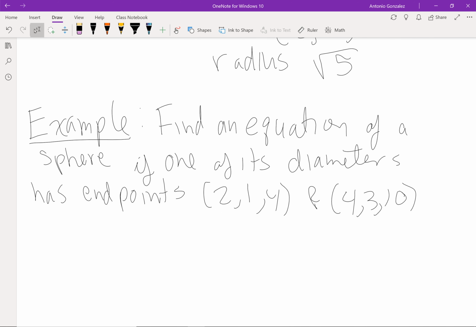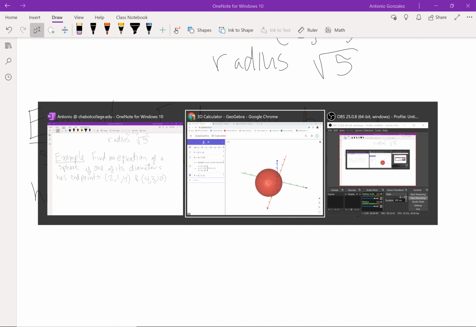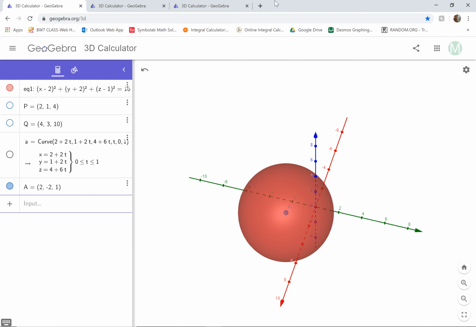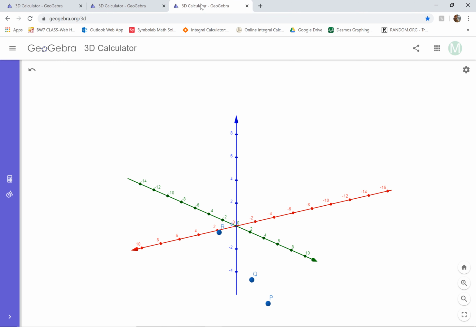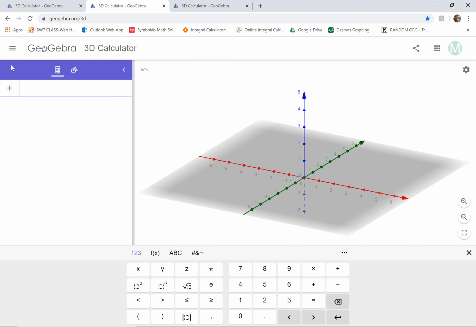Okay. All right. So the diameter, right? That means that the point (2, 1, 4) is on the surface of the sphere, and then another point is at (4, 3, 10), right? And when you connect those two points, they go through the center of the sphere. Let's look at a visual of this here.